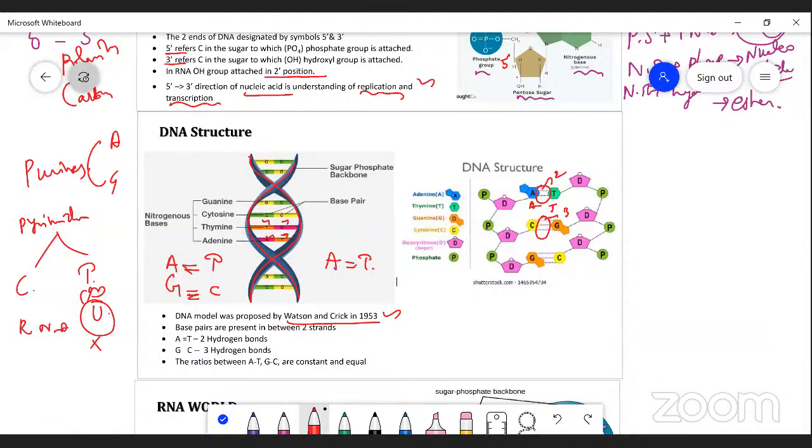Guanine and cytosine are attached by three hydrogen bonds. So remember it: adenine always attaches to thymine, and guanine always attaches to cytosine. That is the difference between these two nitrogenous base pairs.